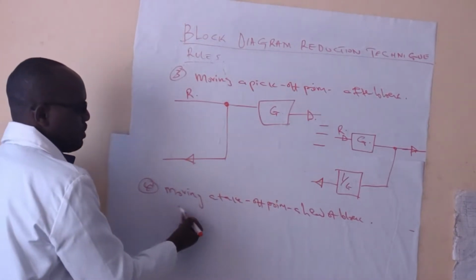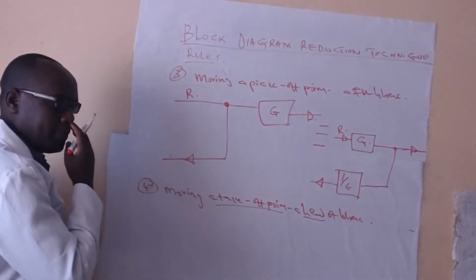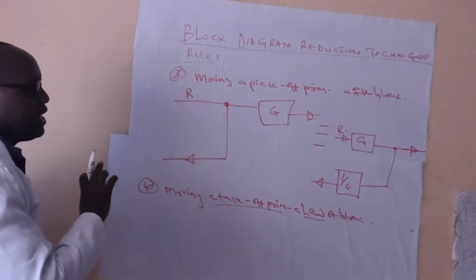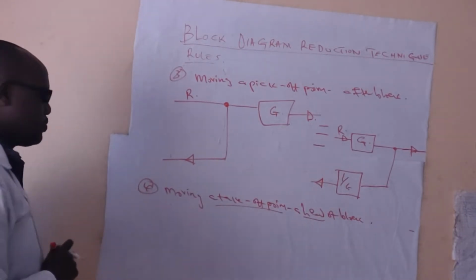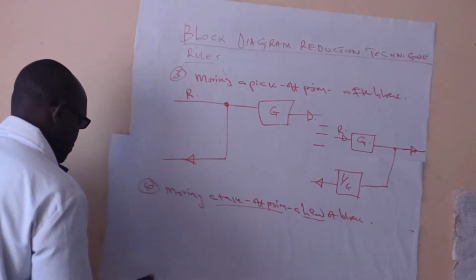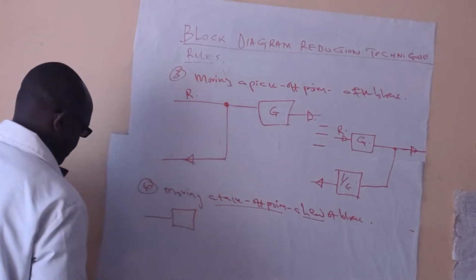Here we want to move a takeoff point ahead of the block. So for example, we can have a block like this.